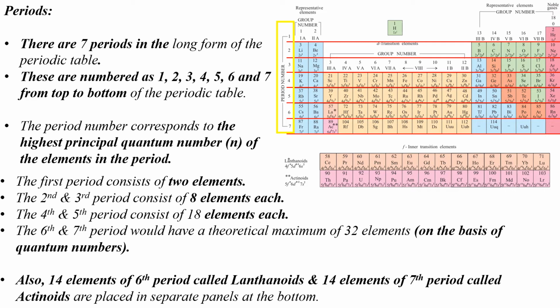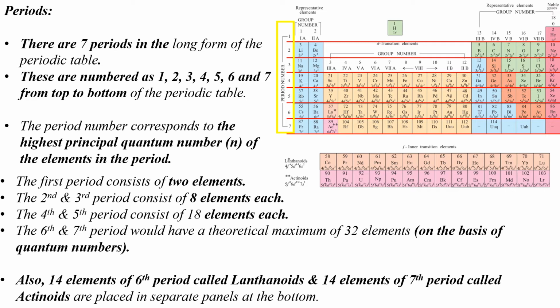Similarly, if we take elements in period number 4, that is starting from potassium, its atomic number is 19. Potassium, calcium, scandium, titanium, vanadium, chromium, manganese, iron, cobalt, nickel, copper, zinc, gallium, germanium, arsenic, selenium, bromine and krypton.